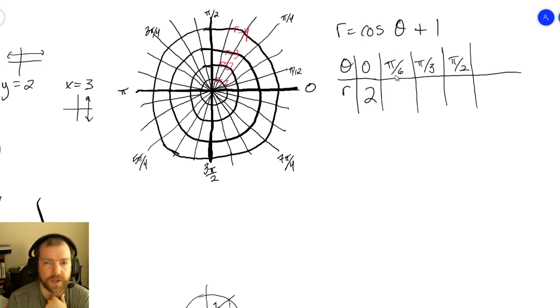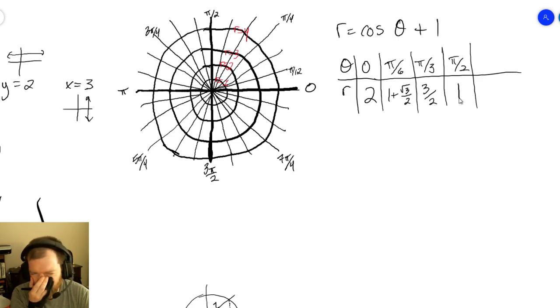We take the cosine of pi over 6, which is root 3 over 2, and then add 1 to it, so 1 plus root 3 over 2. Pi over 3, plug into the cosine, we get 1/2, add 1 to it, it's now 3/2. Pi over 2, we plug that in, we get a 0, we add 1, and we get a 1.